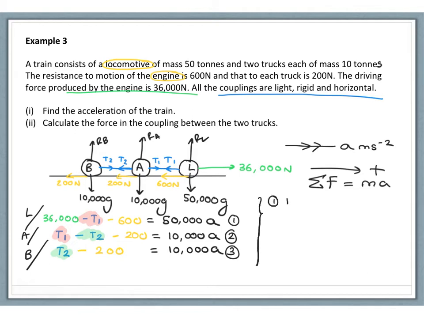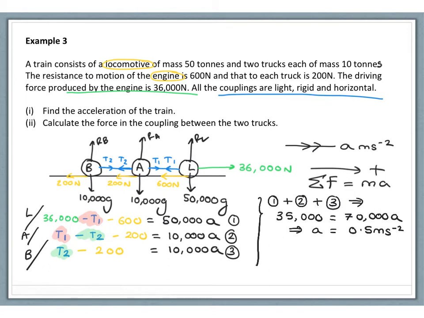So we're going to do equation 1, add equation 2, add equation 3 to see what happens. Now, this gives us 35,000 equals 70,000 multiplied by A, which allows us to calculate A, which is 0.5 meters per second squared. So the acceleration of the whole system is 0.5.